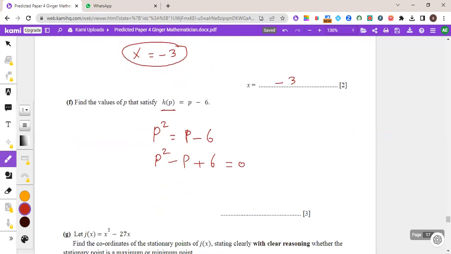This question is 3 marks, so you need to factorize. Then b and b, 3 and 2, positive and negative. So what is the value of b, Asif? 3 and negative 2.